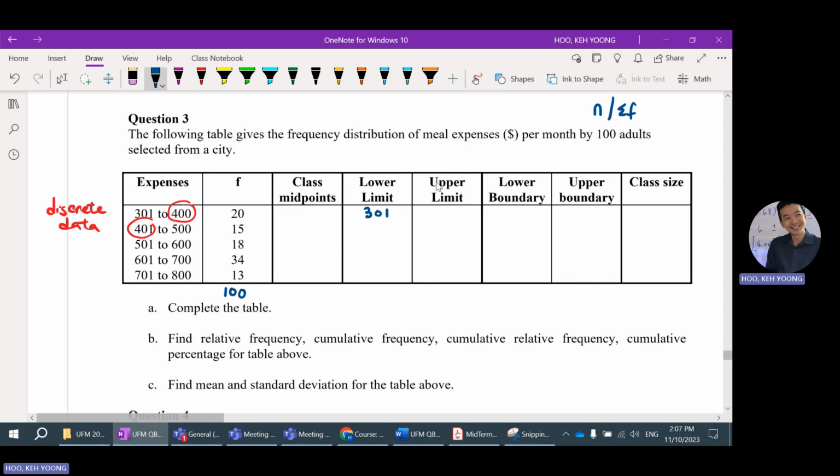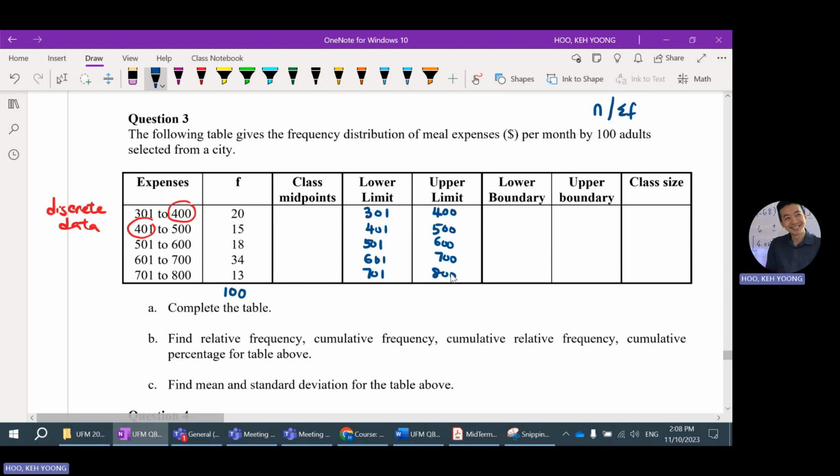Upper limit is the largest value for a class interval, so for my first class, the largest value is 400. Second class, 401 to 500: the smallest is 401, the largest 500. Follow this and fill out the rest: 501 to 600, 601 to 700, then 701 to 800.